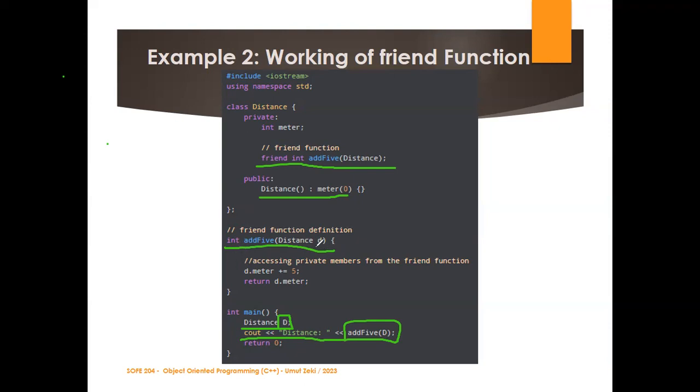What we are doing is adding the value 5 to meter. So it was 0 before, and when we add 5, it will return the value 5 to the place where it is called.